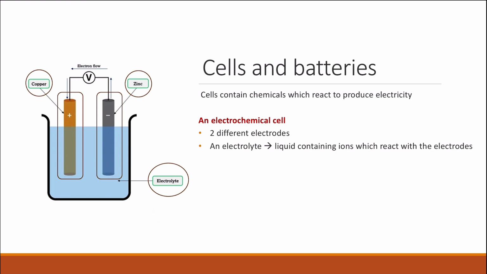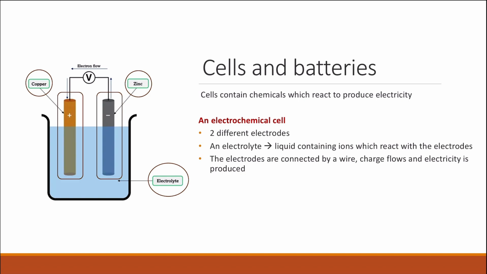The electrolyte is a liquid that contains ions which react with the electrode. So the reaction between the electrode and the electrolyte will generate a voltage difference and will lead to the creation and conduction of electricity.